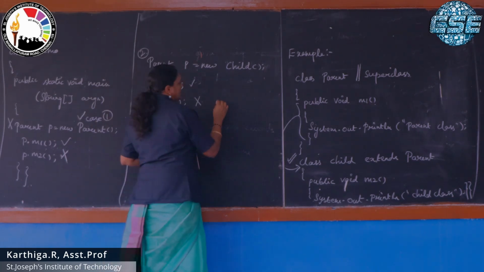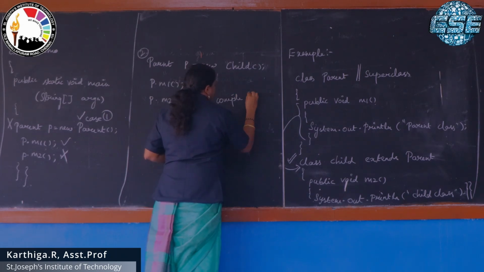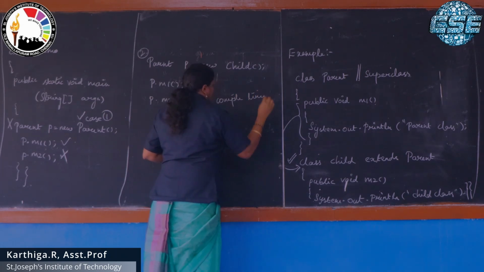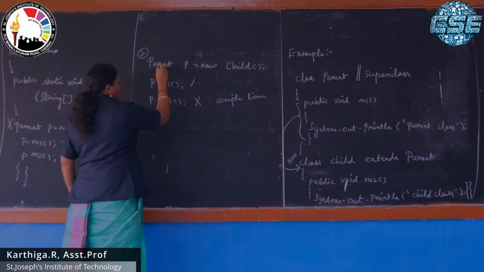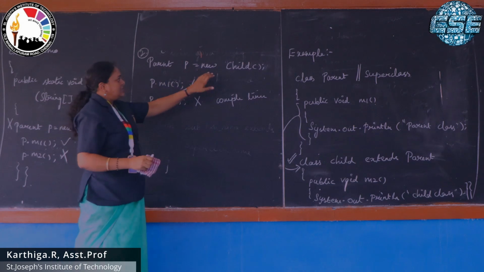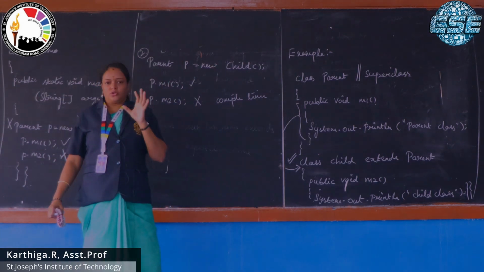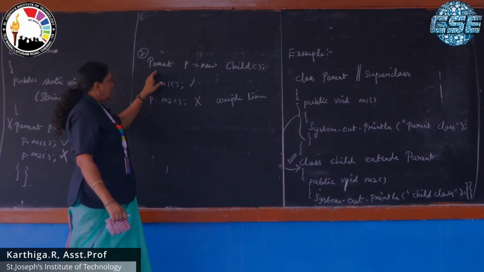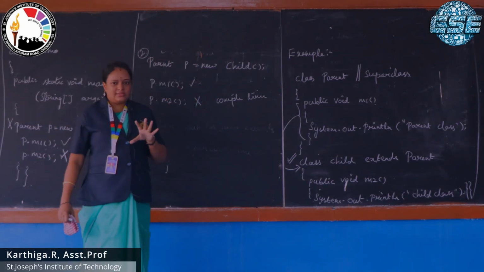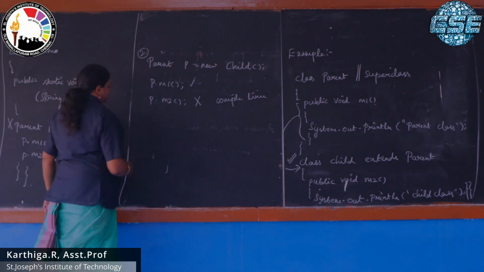It will show a compile time error. Because the superclass and child class declaration like this is syntactically wrong. We cannot declare two classes like this in the inheritance concept. Next, case 3.